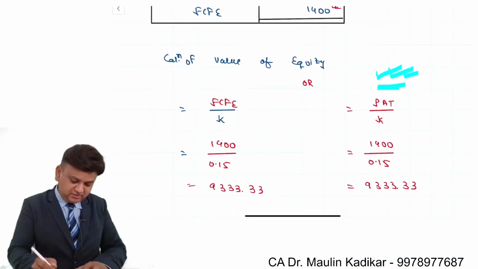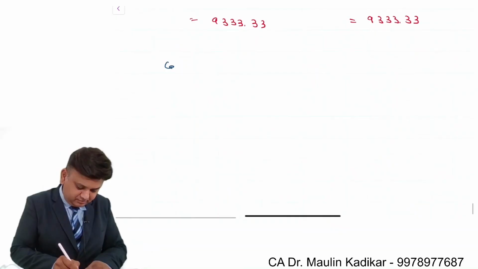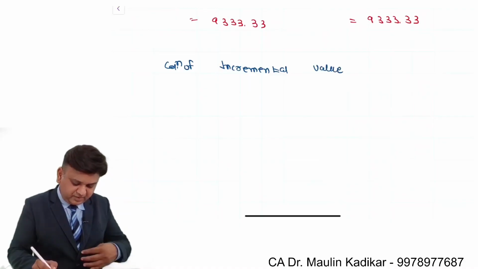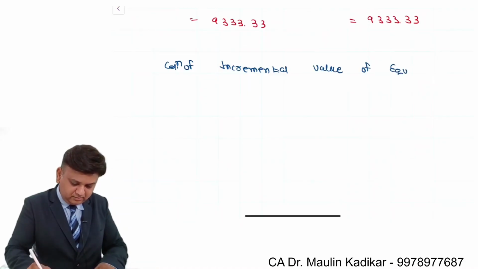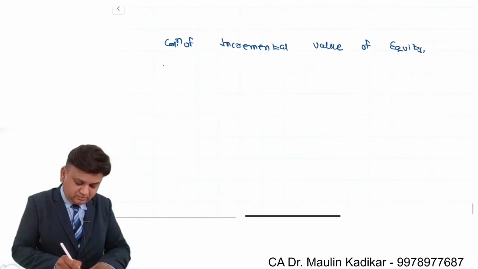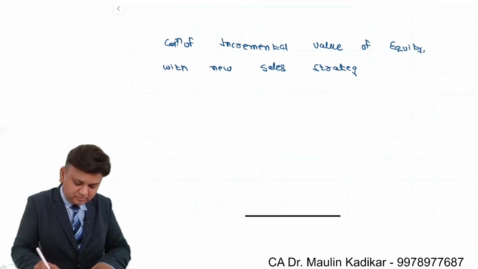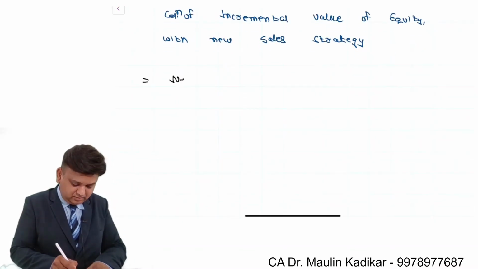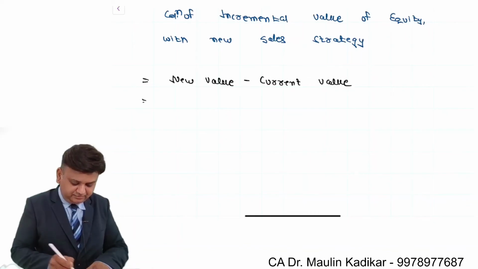Now the final answer is the calculation of incremental value of equity with new sales strategy. In that, we understand it is new value minus current value.